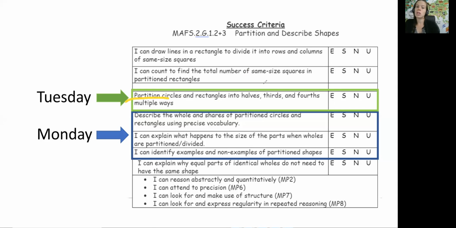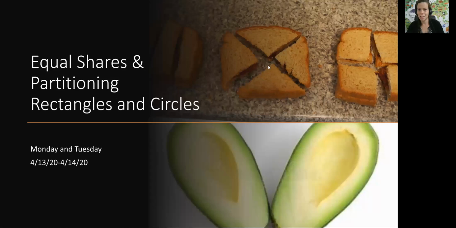Now we're also going to talk about how to do this multiple ways, okay? If you take a look at even just the first picture here, the peanut butter and jelly sandwiches are cut into fourths, but it's done differently. That middle one is diagonal. That's the way I like it.